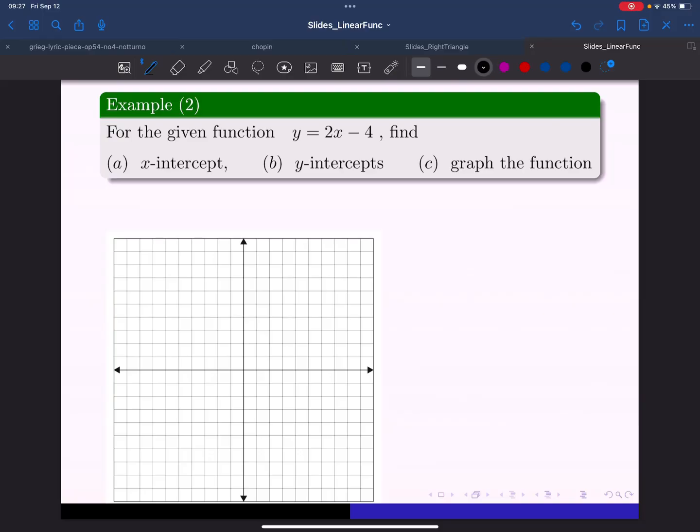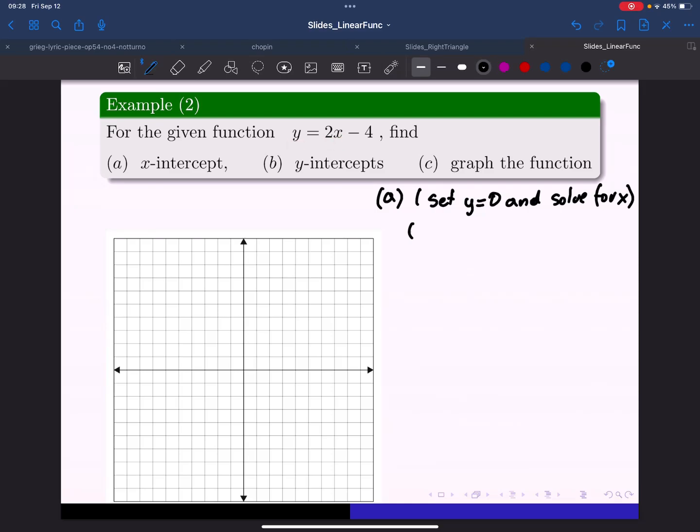So to find the x-intercept, part A, we will set y to 0 and solve for x. So to my equation, we're gonna set y to 0 and solve for x.